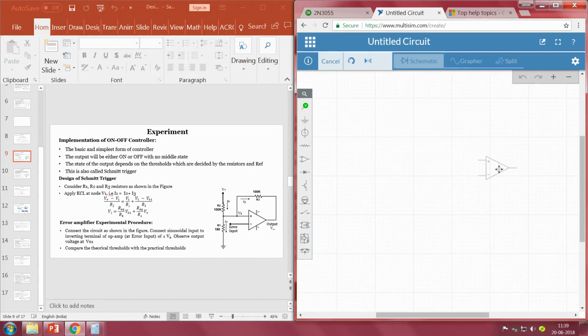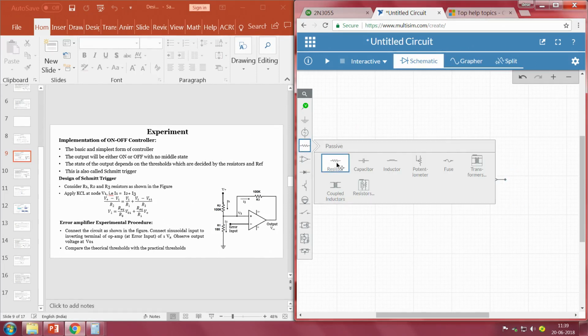So, I need an op amp. I am taking an op amp, positive, negative. I need 3 resistors.